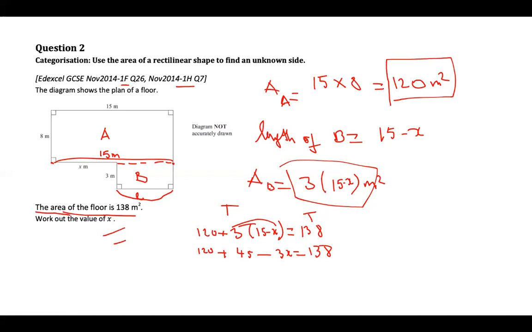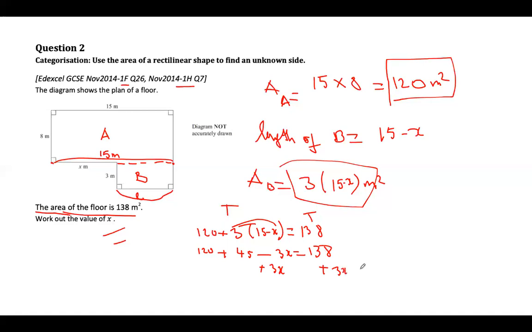Okay, what I'm going to do now is get rid of 138 straight away. I have more numbers on the left-hand side, and I have this negative sign here. So I'm going to get rid of the negative sign by taking away minus 3x from both sides, by doing plus 3x, plus 3x. And I'm going to get rid of 138, so I get 3x here.